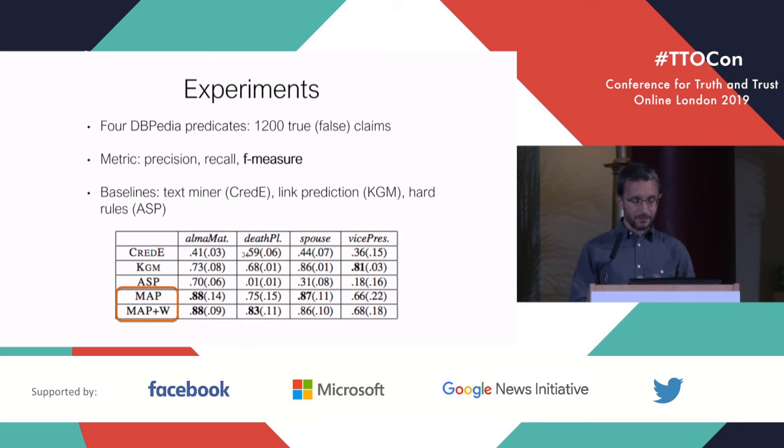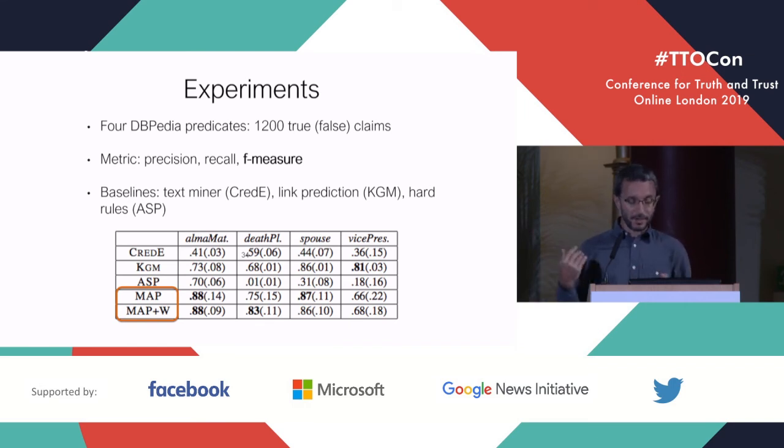And you can see the 4 predicates: alma mater, place of death, spouse, and vice president. And our methods are at the bottom. You see that we have, in 3 cases, the best performance. Of course, when we do the MAP with W, which is the one using the information from the web, what happens is that the recall goes up because we can check more claims, but we make more mistakes because in some cases this evidence is just not correct.